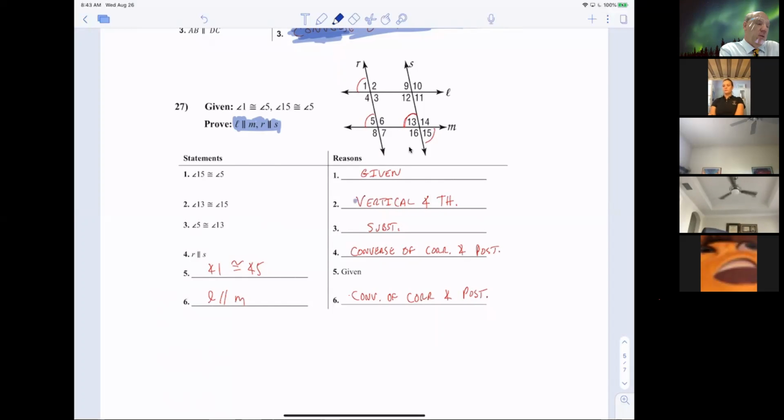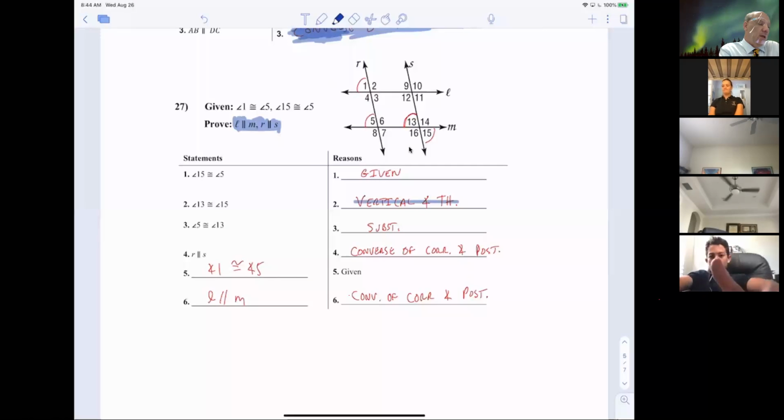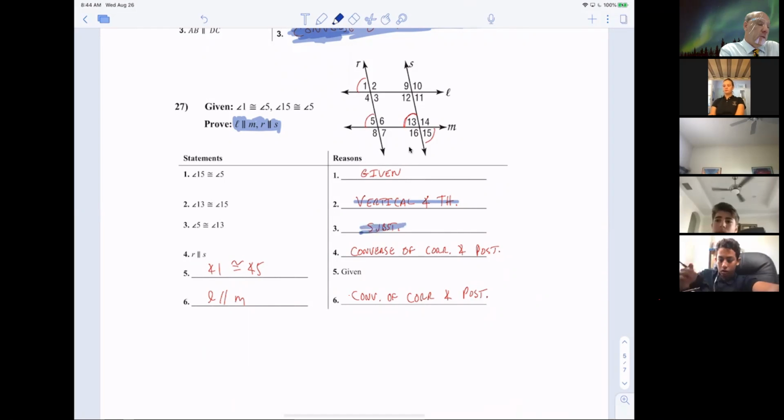They're vertical angles. Why is angle 5 congruent to angle 13? That is a substitution. Now, why is R parallel to S? Why is R parallel to S? Because we have what? These are what?